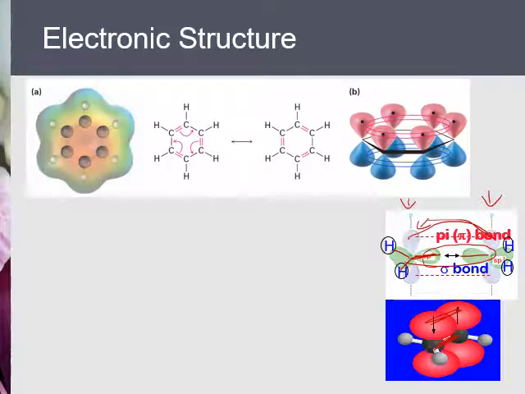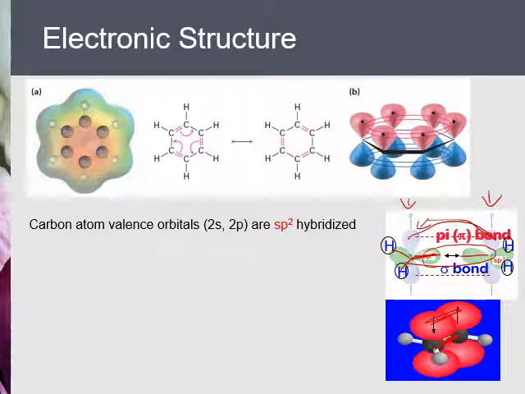Now in benzene, we have 6 carbons. Each carbon is sp2 hybridized, and each carbon uses one of the sp2 hybridized orbitals to form a carbon-hydrogen bond. 2 of them form carbon-carbon sigma bonds, and there's an unhybridized p orbital containing 1 electron.